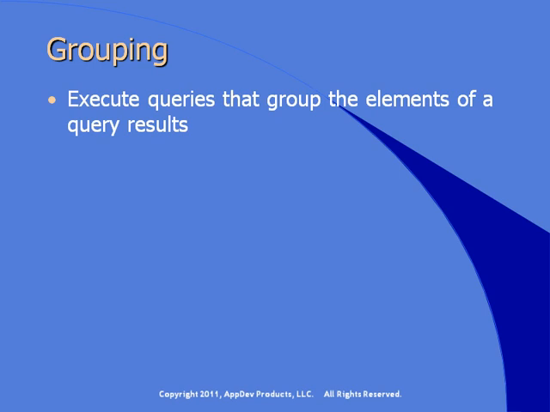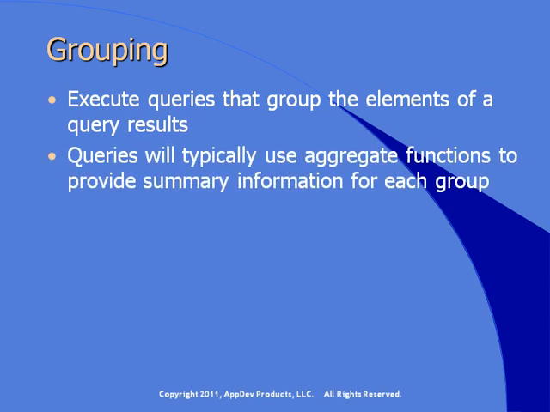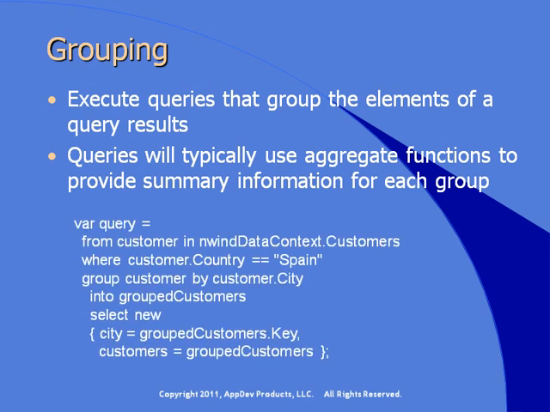Grouping enables you to execute queries that group the elements of query results. And a typical use of grouping is when you want to use aggregate functions to provide summary information. So show me revenue by year. So I want to group order and order details by year and then do a sum to get the revenue. Or here's another example.